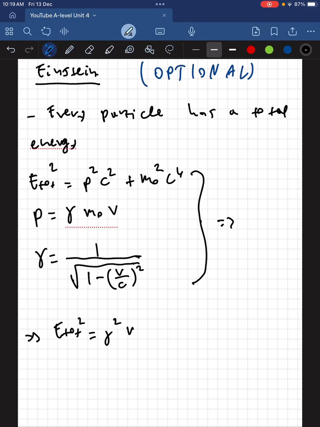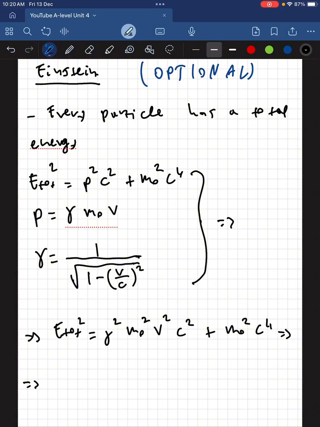So E total squared is gamma squared m naught squared v squared, which I took from here, times c squared, which was already there, plus m naught squared c to the fourth.